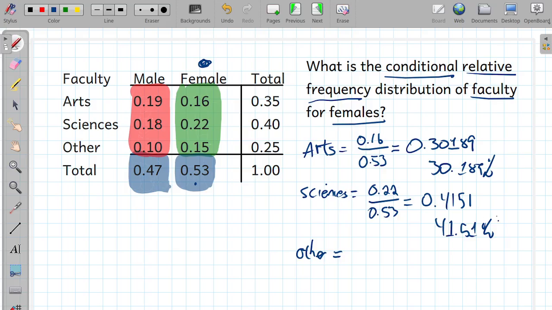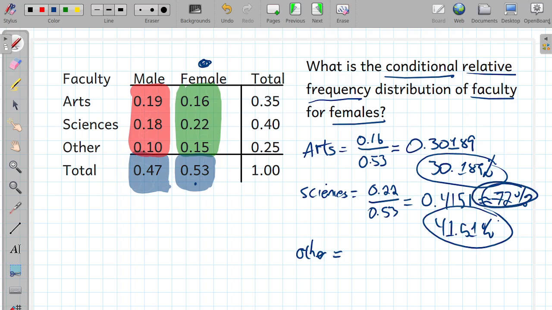And the other, well, let's see here. If this is 41.5 and this is 30.2, right now this makes just under 72%. So if this is approximately 72 percentage points, whatever the other is had better be really close to 0.28, or 28%. Otherwise it doesn't make sense. Let's check.